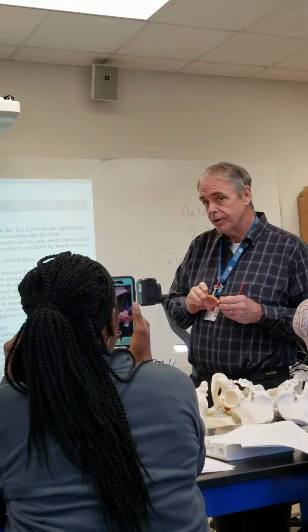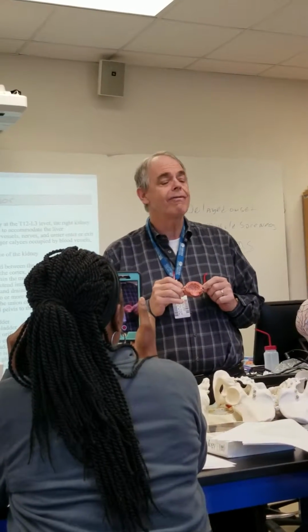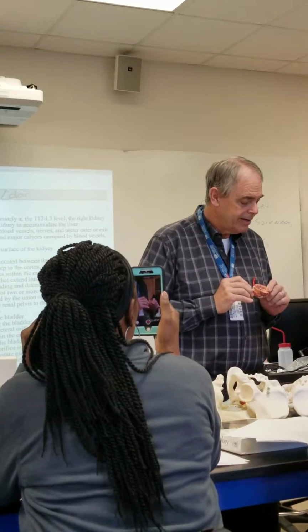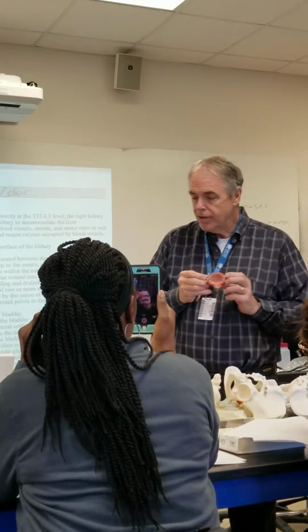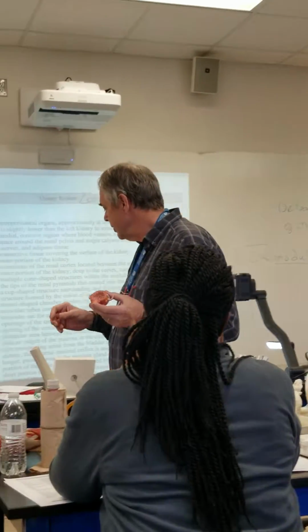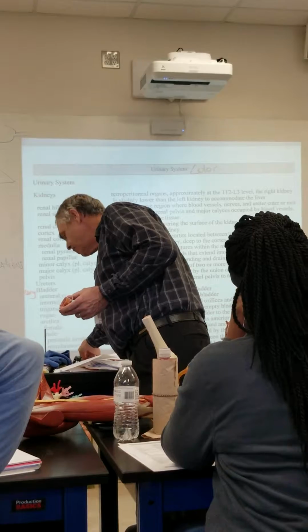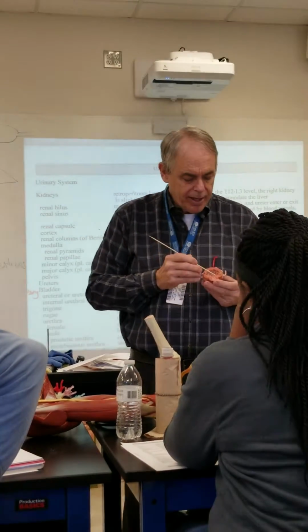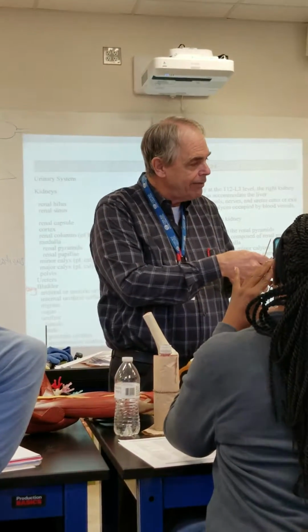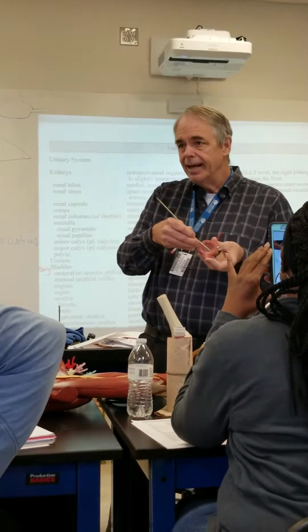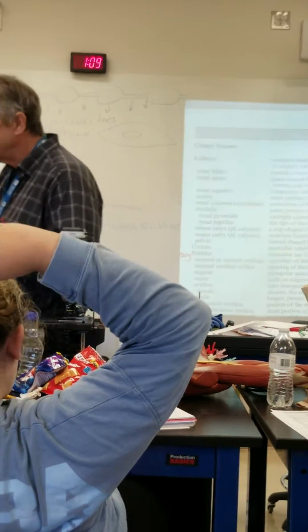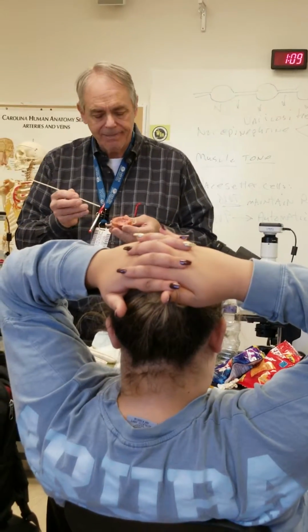Now the ureters have a one-way valve that you can see on the model, but you can't actually see it, but you can see where it is. So this is where the one-way valve is for the left ureter. And it's just a little crack in the plastic there, but that's what that is.